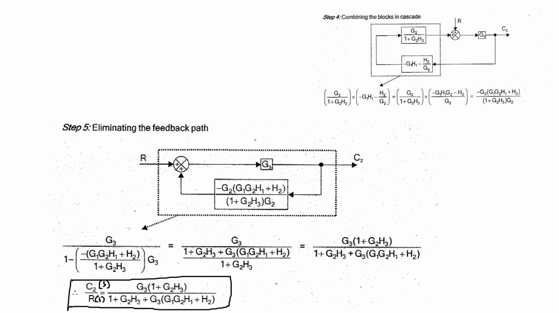So this particular feedback path, if eliminated, forms a single open loop system where straight away we can write the transfer function C2 of S by R of S.